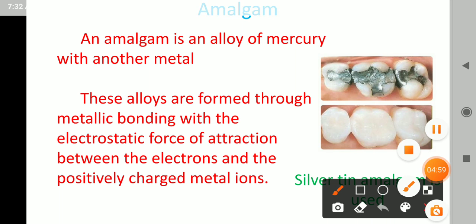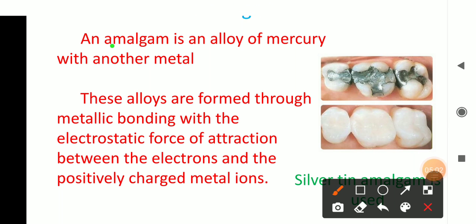read the definition. It is given here. An amalgam is an alloy of mercury with another metal. When any metal is amalgamated, or when any metal is alloyed with mercury, we will get an amalgam. So amalgam is nothing but metal plus mercury produces the corresponding metal amalgam. So what is amalgam?